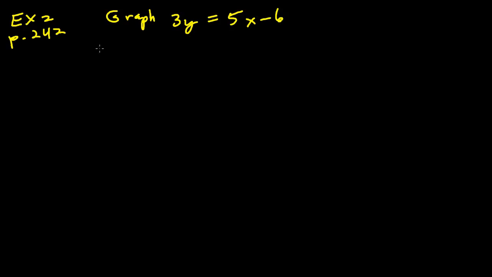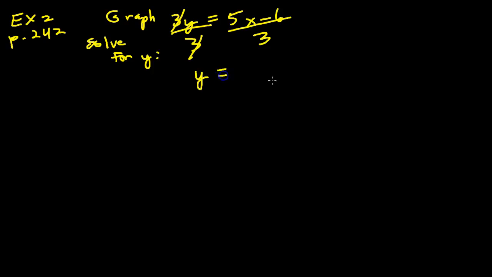What our author does first is solve for y algebraically, because then it'll be easier to make a table of values. Well, to solve for y, you've got to divide both sides, all terms, by positive 3. The 3's cancel on the left, so I'll get y equals. And on the right, I can break up my numerator difference over a common denominator.